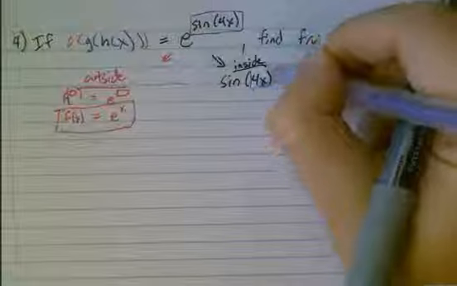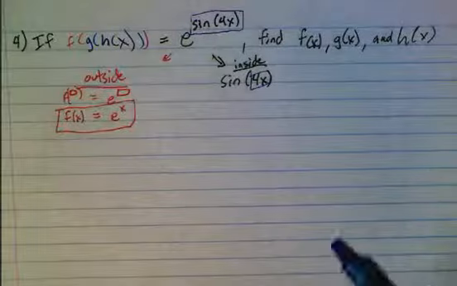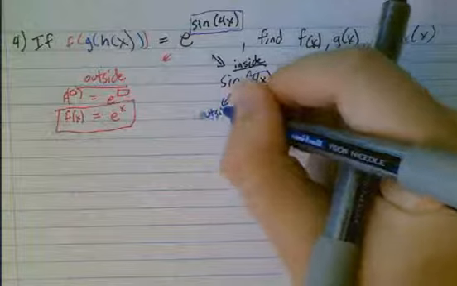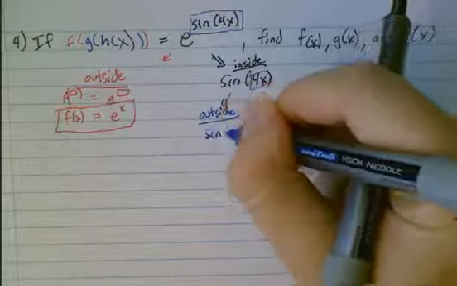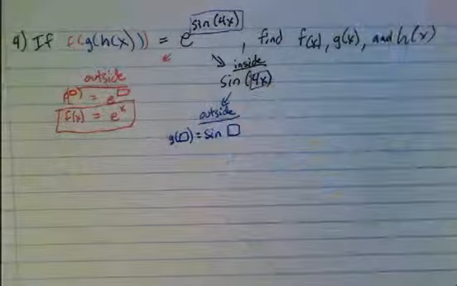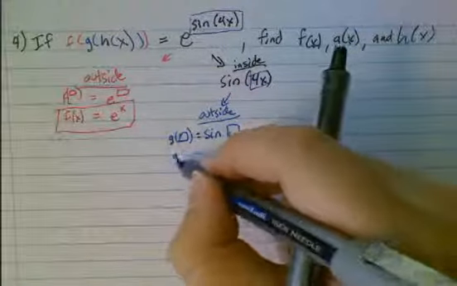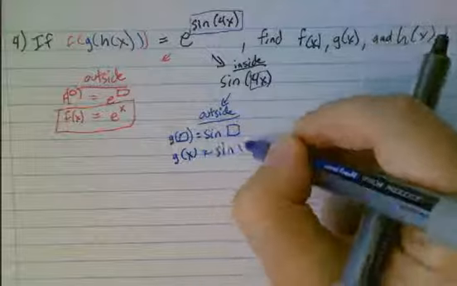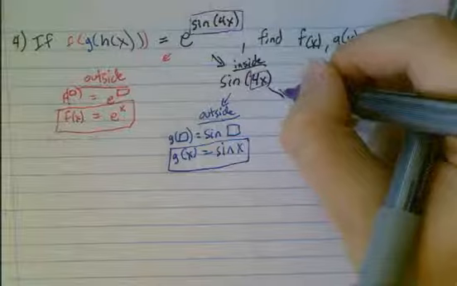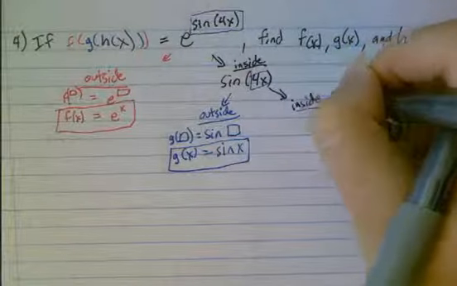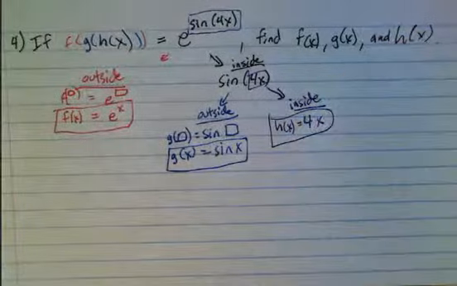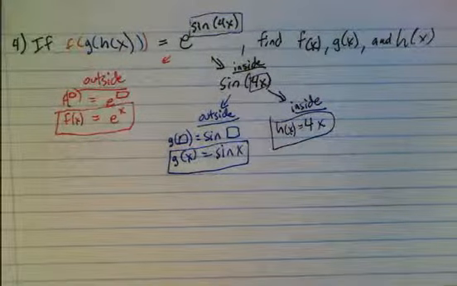Again, there's a box function. Our next layer is blue, it's g of x. So we've got a sine box. So that means g of box equals sine of box, or g of x equals sine of x. And then finally, inside that last box, we've got a 4x, so h of x equals 4x. And there we have identified the three.